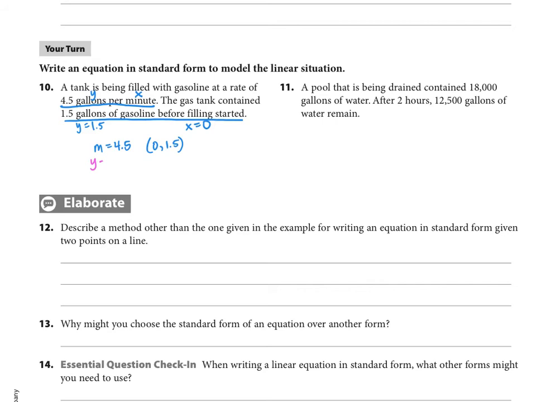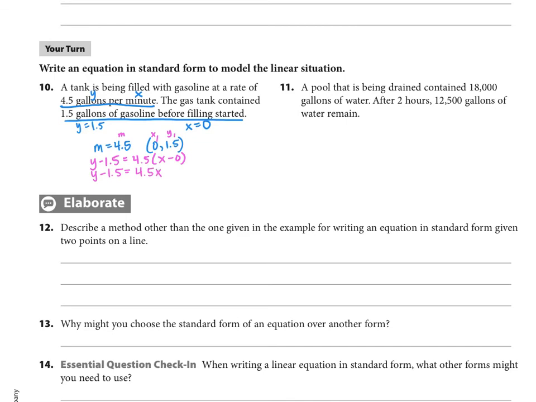And so y minus y1, here's my y1 right here. There's my x1. Here's my m. So y minus 1.5 equals 4.5 times x minus 0. So I get y minus 1.5 equals 4.5x.